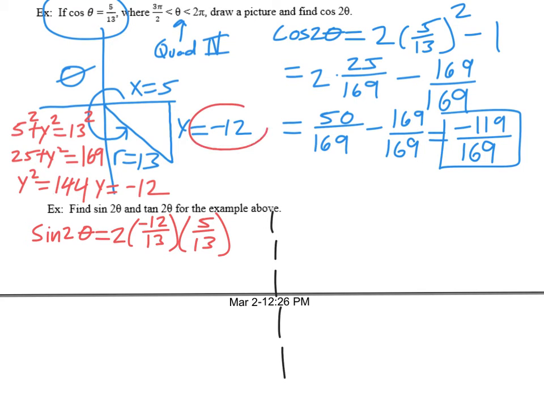Negative 12 over 13, y over r. Once it's all substituted in, we got 2 times, let's see here, negative 12 times 5 would be negative 60. 13 times 13 is 169. Multiply that by 2. There we go. Negative 120 over 169.